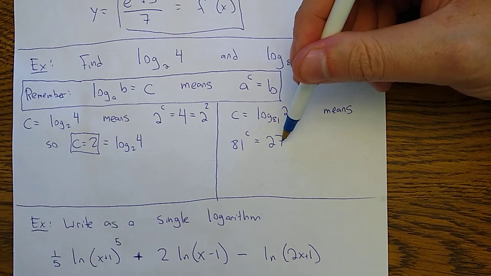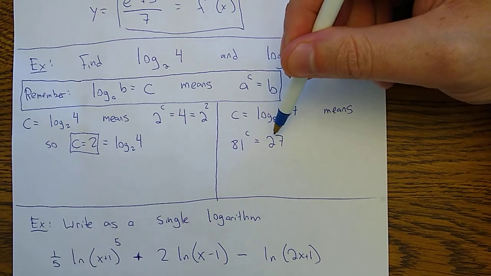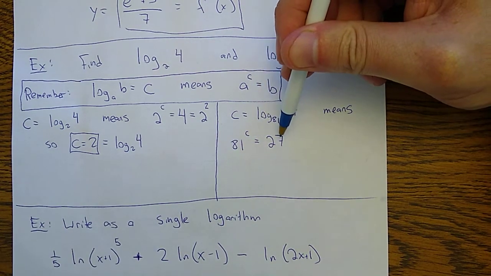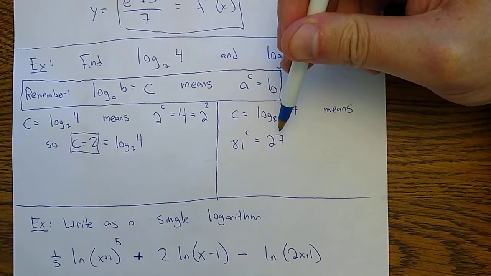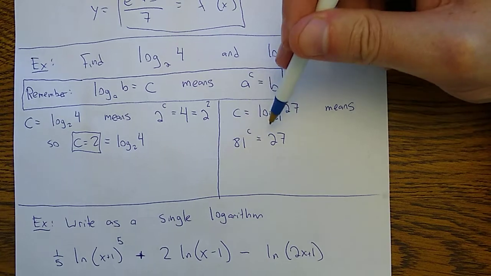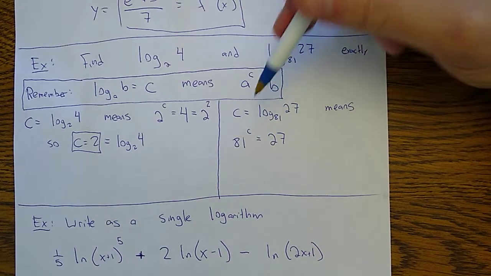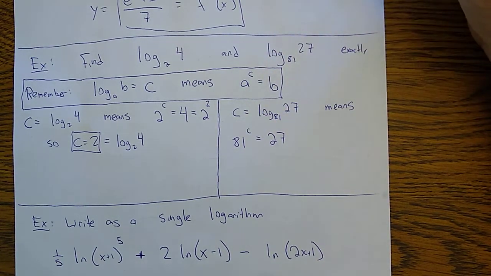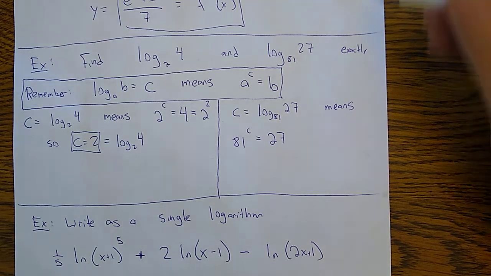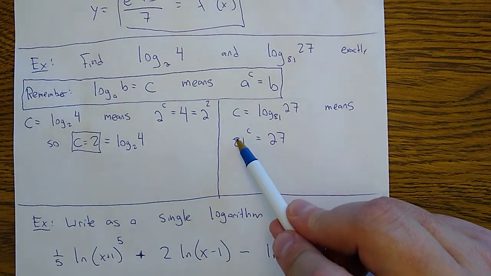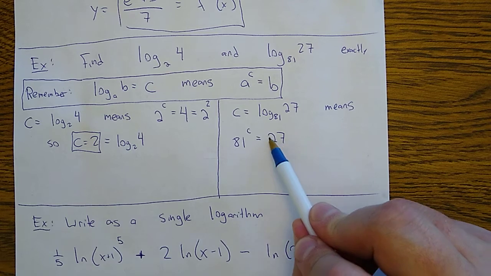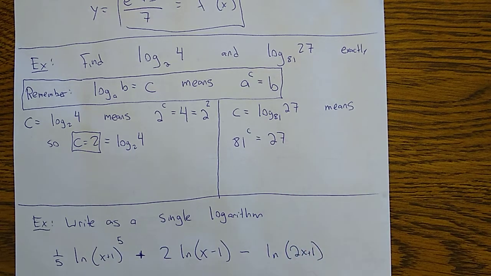And what I said last time is it's helpful to express these as powers of the same number. And this one, 81's a big number. Of course, we recognize that 81 is 9 squared. So this is a power of 9. Unfortunately, 27 isn't, I can't think of 9 to what power is 27. So maybe we should think about 3.